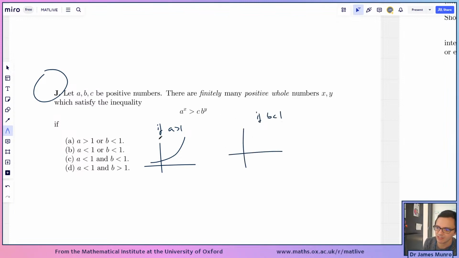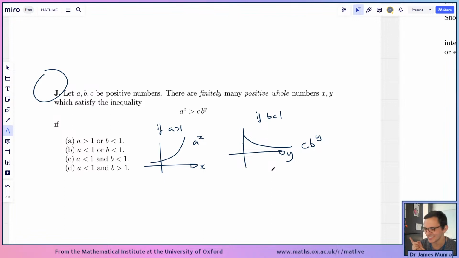What I'm thinking is if this one is going up and this one is going down, then there are infinitely many positive whole numbers x and y which satisfy the inequality, because just make x be something large and y be something large, and we're good. So not this case.